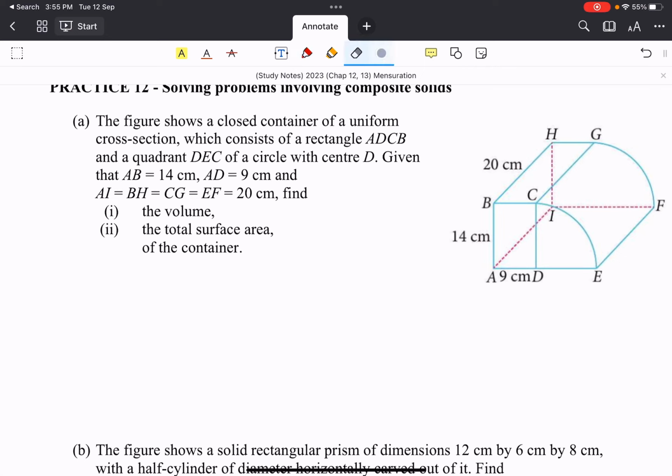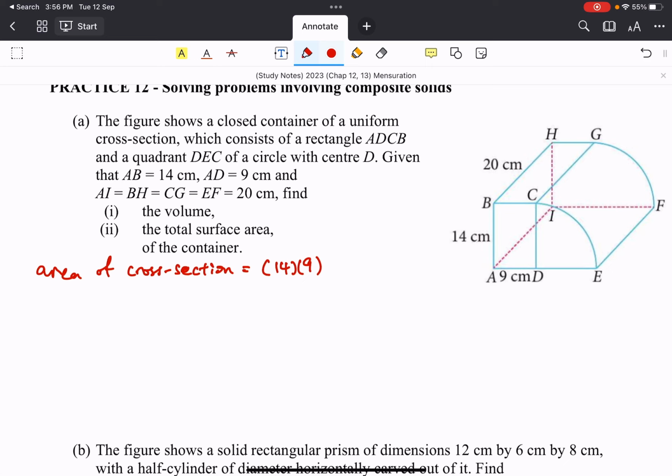So the first thing we're going to do is to find the cross section. The area of the cross section is the useful information. So I'm going to start with that. Area of cross section. In this case it will be 14 times 9. That will be the cross section for the cuboid.